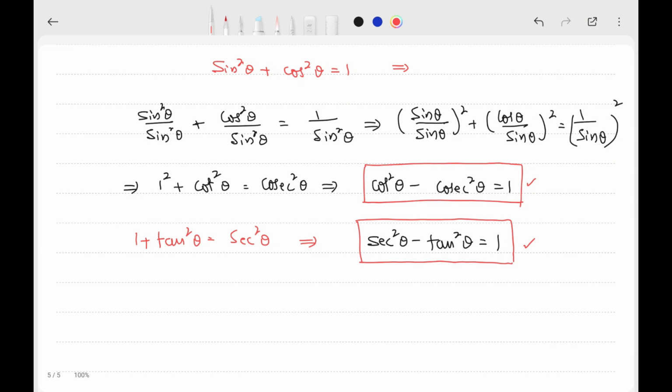Let us ask ourselves, when will sin theta be equal to cos theta for theta being greater than 0 and less than 90?